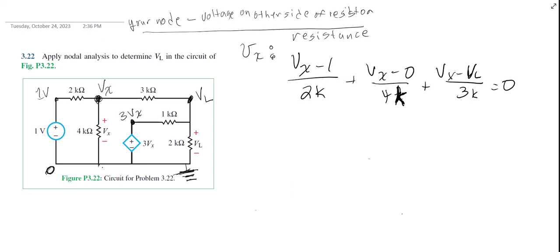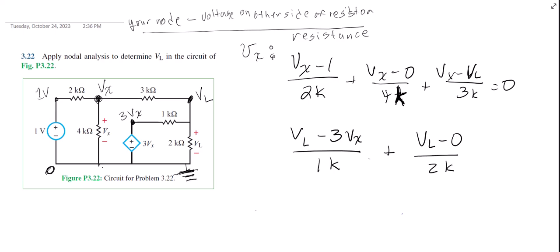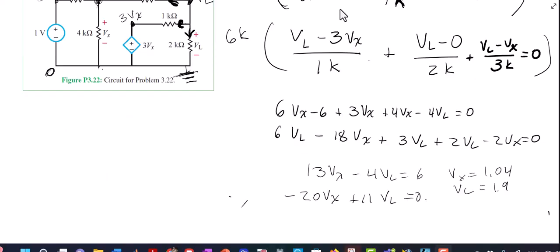Now for VL: VL minus 3Vx over 1k plus VL minus 0 over 2k. Just a heads up, I made a math error on this, and so I went back and fixed it.